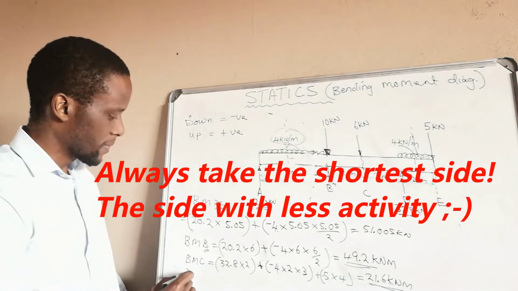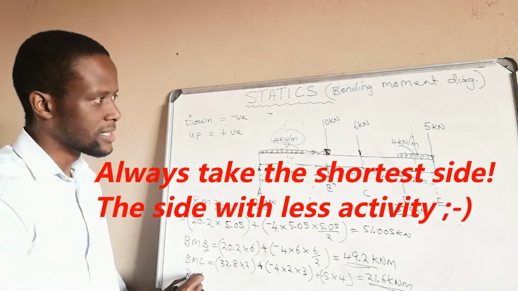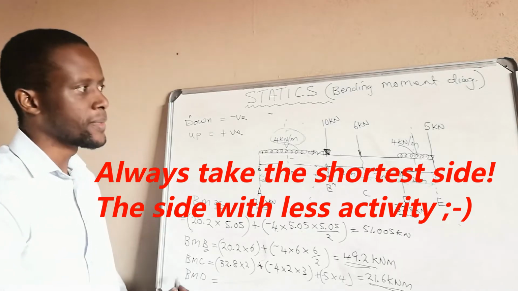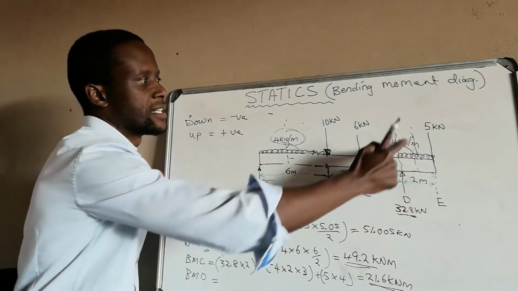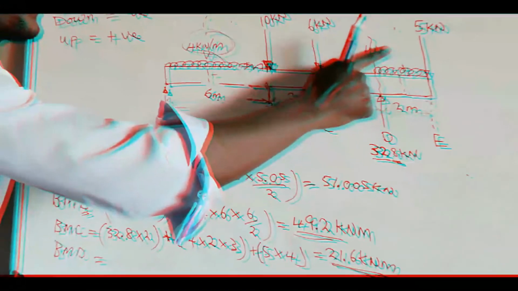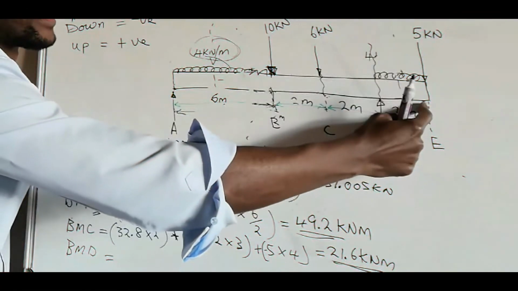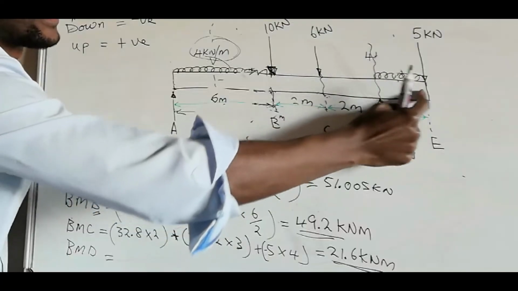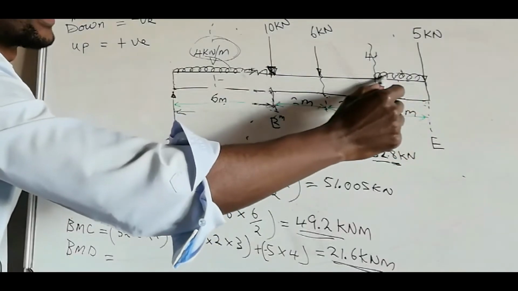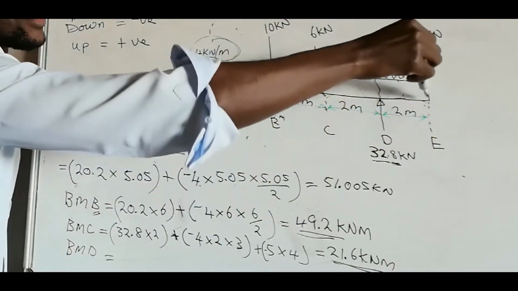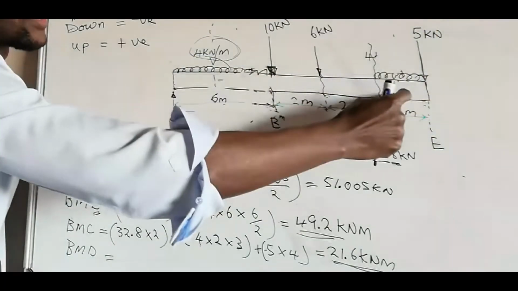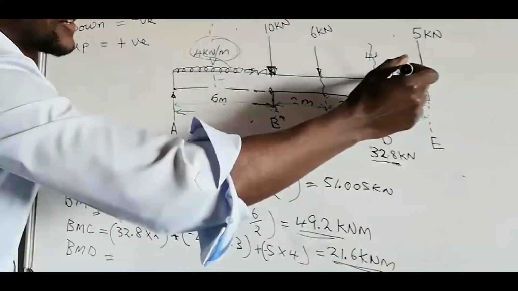Okay, so lastly, bending moment at D. Also bending moment at D, don't worry about the rest of the beam. We are now just dealing with D. So we just look at this direction, and on this direction all we have to deal with is the uniformly distributed load and the force, that is a concentrated load pushing downwards. So we only deal with the forces at the right.